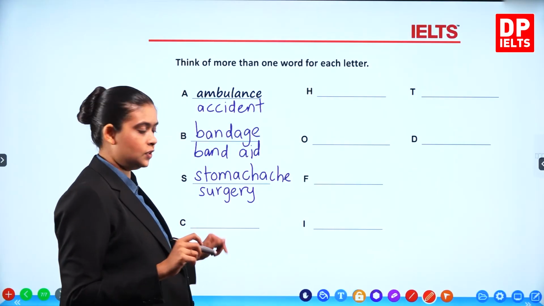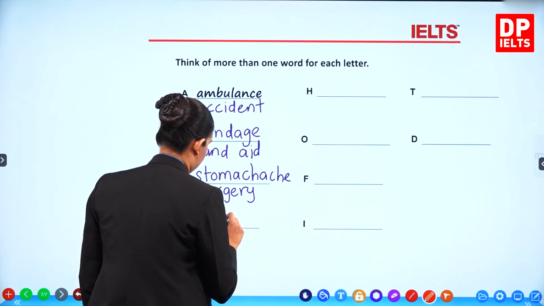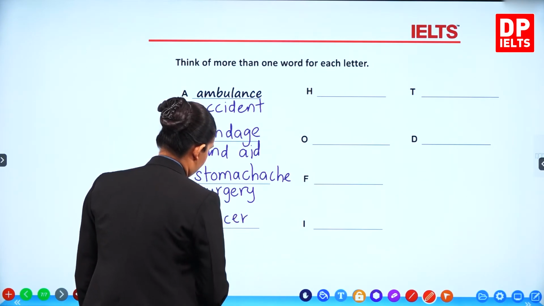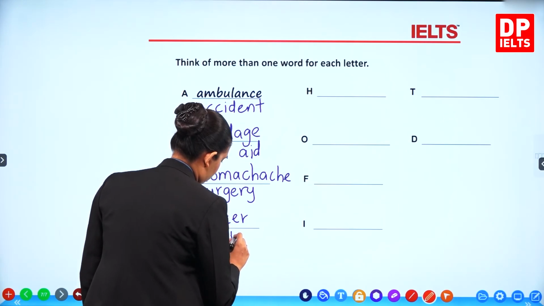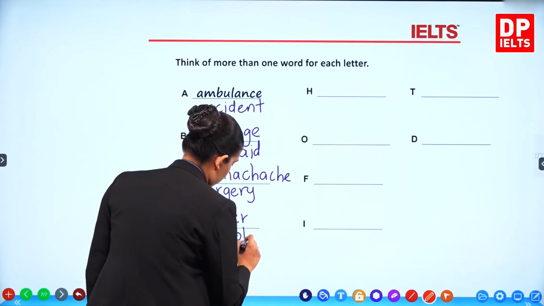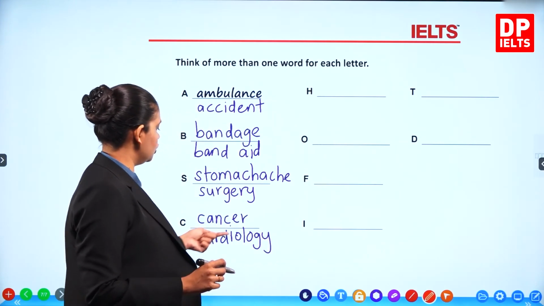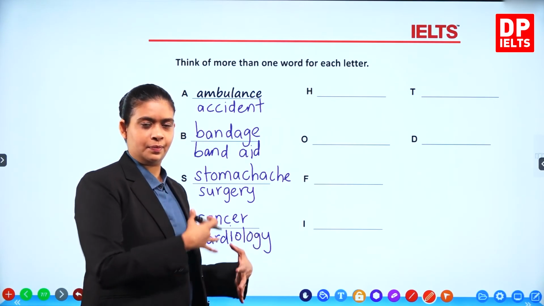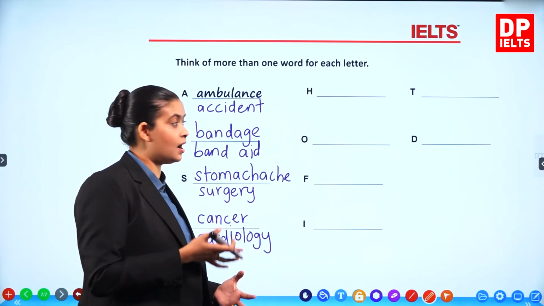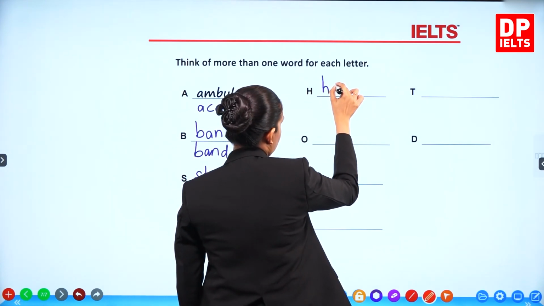C. What can you say for C? You can say cancer. Cardiology. Right? What do you mean by cardiology? Cardiology means a cardiology doctor means people who specialize about the heart. Cardiology, okay? H. Hospital.